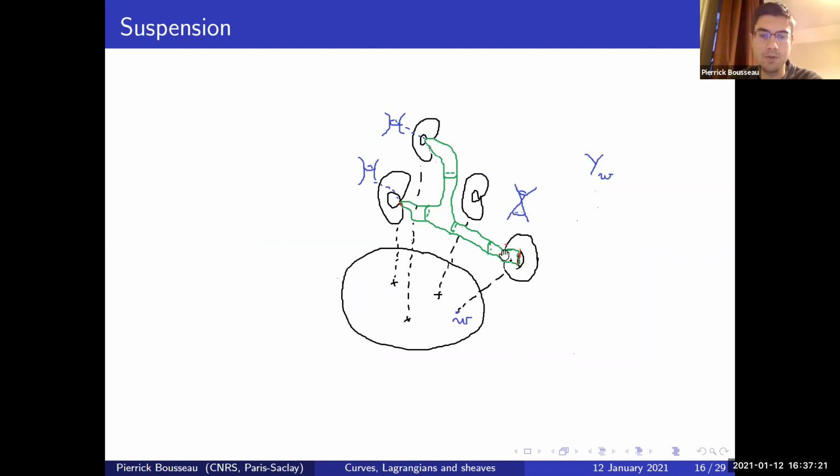Then they became Lagrangians with still a boundary over a specific fiber over a point W in the base. And then to close this boundary, I constructed a three-dimensional geometry which depends on W, because W tells me where my fibration degenerates. So when I move W, I'm moving the complex structure of YW.